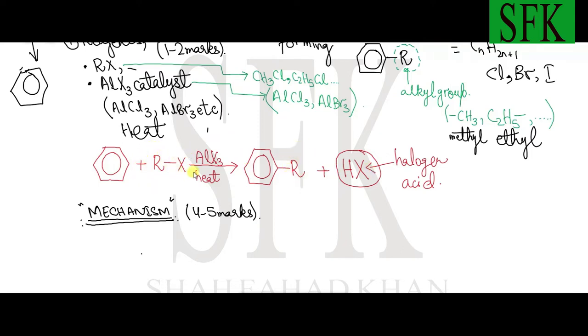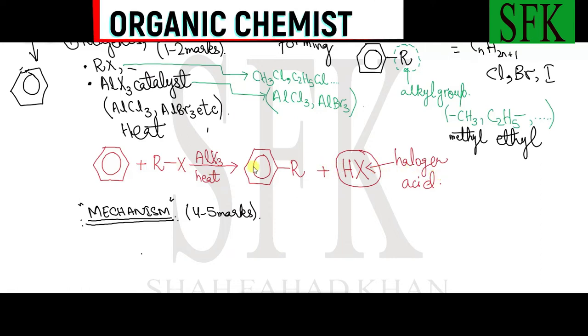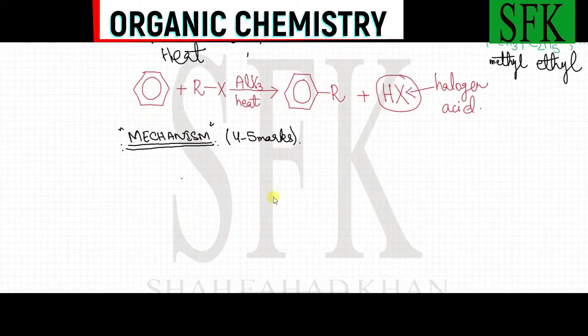The X, the halogen atom, then combines with the hydrogen atom which is removed by the R group from the benzene ring, and forms the hydrogen halide as a byproduct. Okay, so this is basically a general equation for all Friedel-Crafts alkylation reactions.